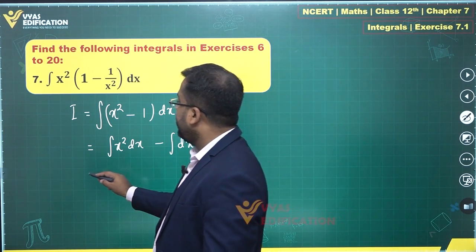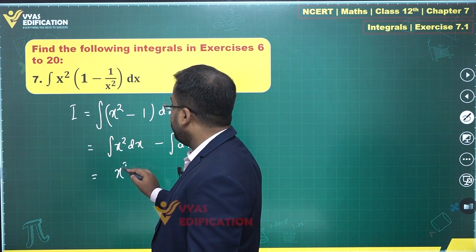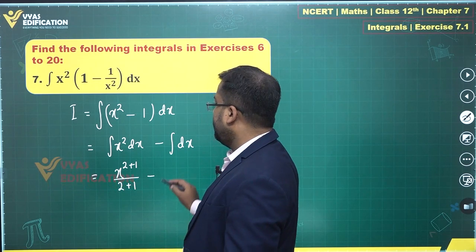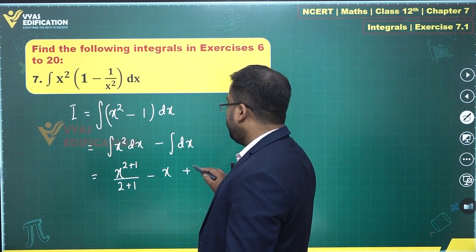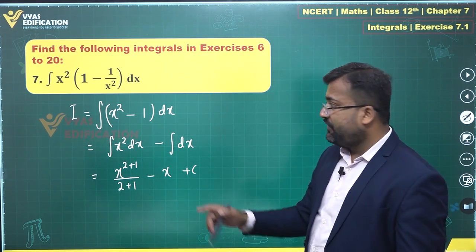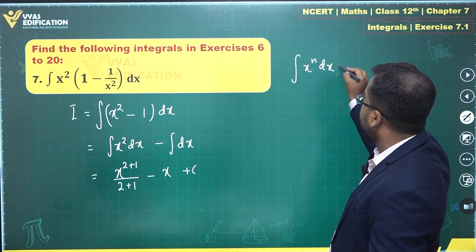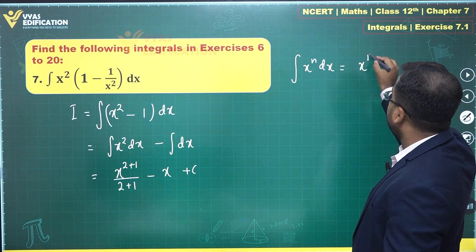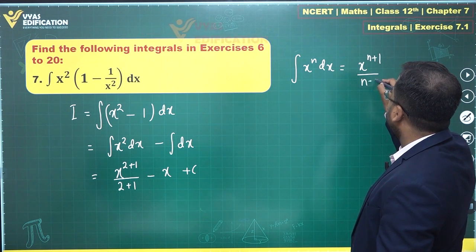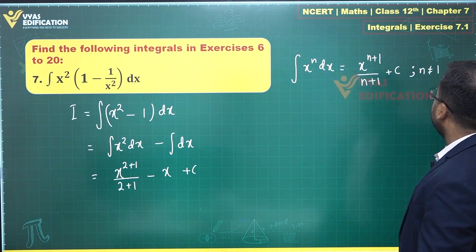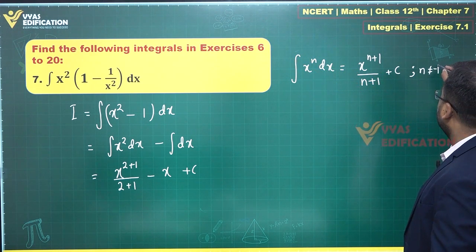What about x square? Integral of x square will be equal to x power 2 plus 1 upon 2 plus 1, minus integral of 1 is simply x, and you'll have to add a constant of integration over here. The formula that we have used over here is integral x power n dx is equal to x power n plus 1 upon n plus 1 plus constant of integration, provided that n should not be equal to minus 1.